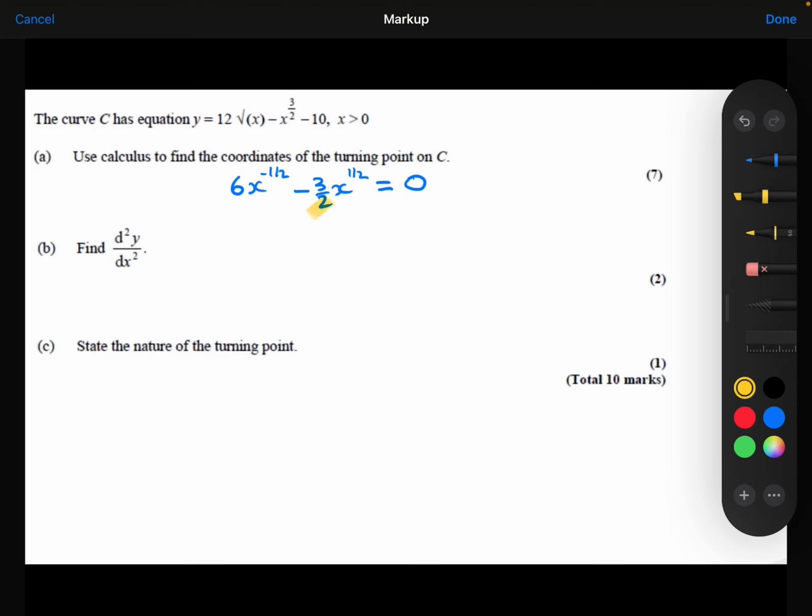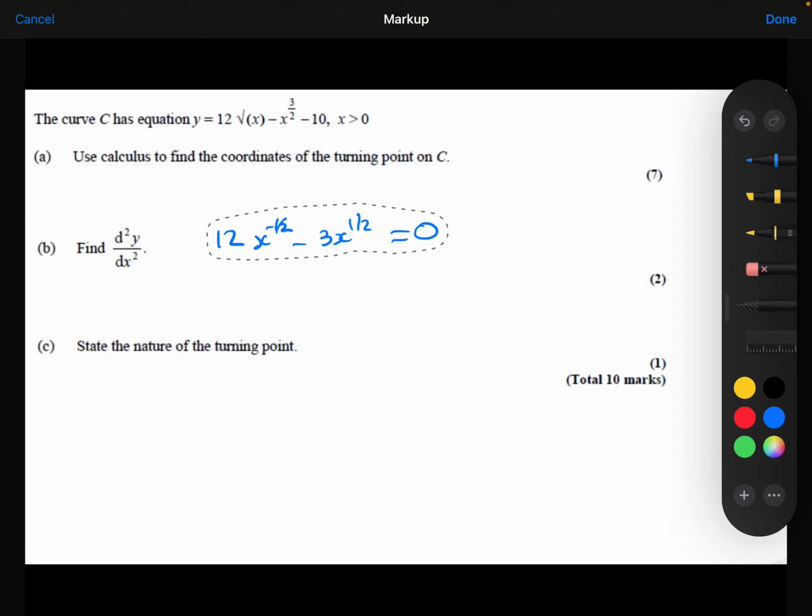I don't like these fractions. So let's multiply everything by 2 at the beginning. That'll make this a bit simpler for me. So the 6 times the 2 is 12. And the 0 times 2 is still 0. So that's made it a little bit simpler for me.